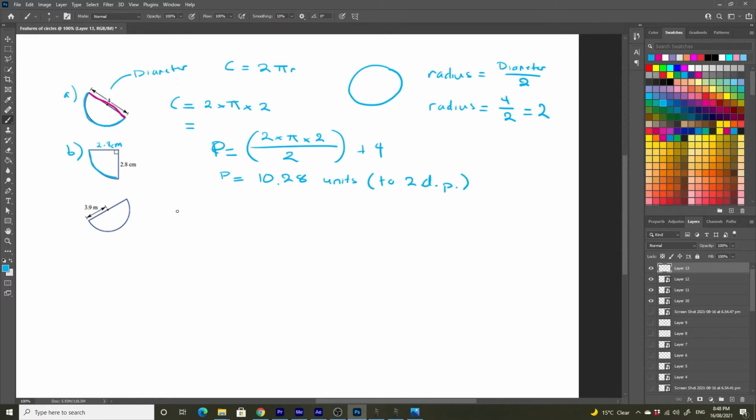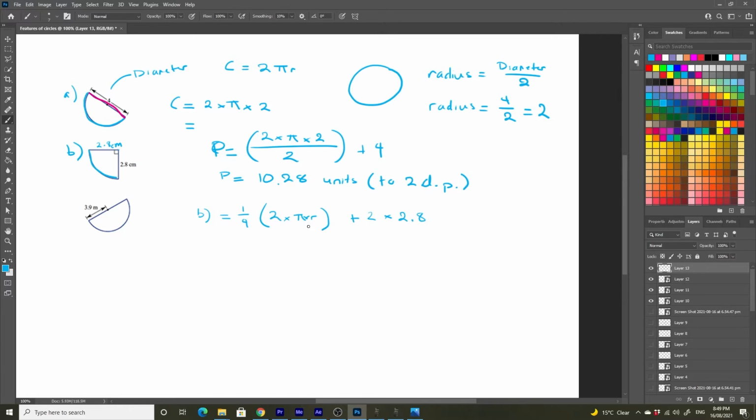So the perimeter of this entire shape B is going to be equal to a quarter of 2 pi r, plus 2.8 twice, so 2 times 2.8.